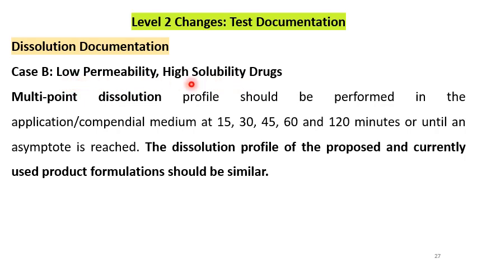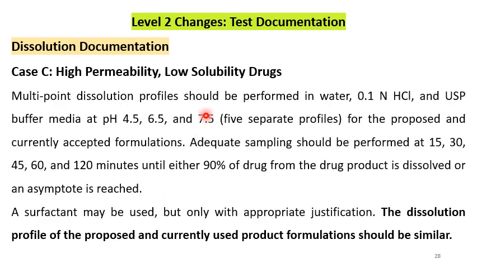This might be BCS class 3. A multi-point dissolution profile will be required, and dissolution testing is required at 15, 30, 45, 60 and 120 minutes. And the dissolution profile of the proposed and currently used formulations should be similar. So before change and after change, these formulations should meet the dissolution criteria.